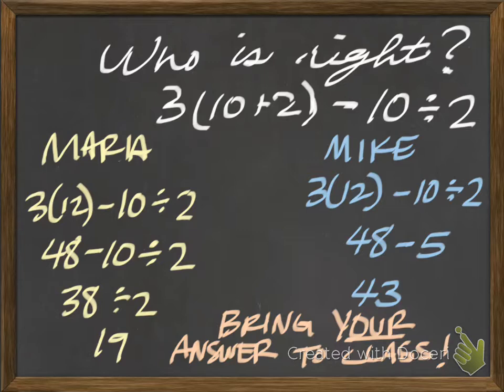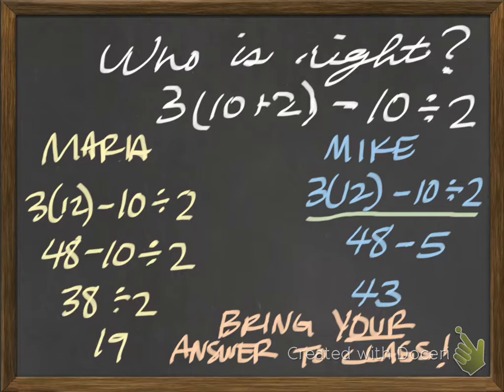Last thing I want to leave you with to think about, to check your understanding. Who is right? We have an expression here: 3 times the sum of 10 and 2 minus 10 divided by 2. Maria went through some work here, and Mike went through some work. That's 3 times 12 minus 10 divided by 2 that Mike did first, if you can't read that.